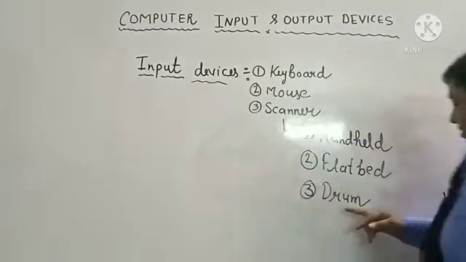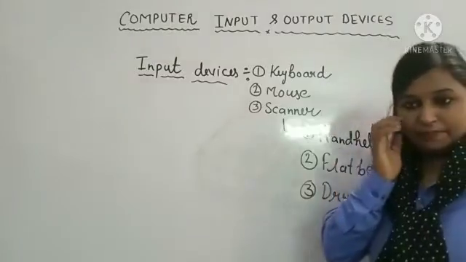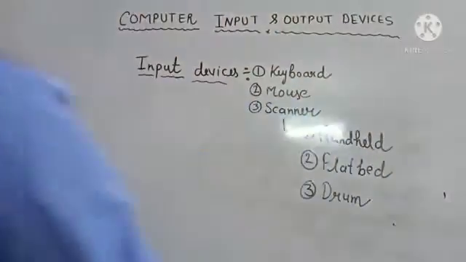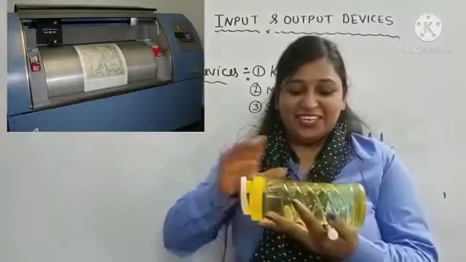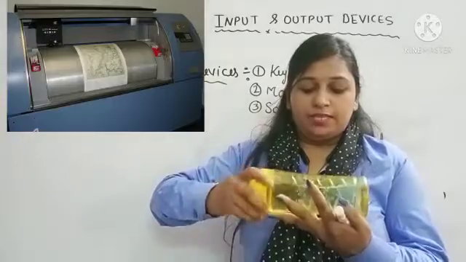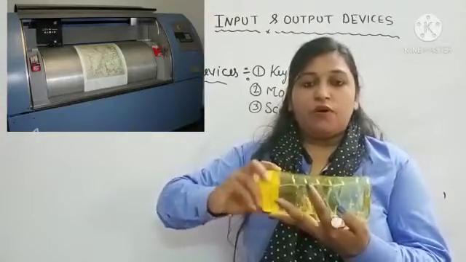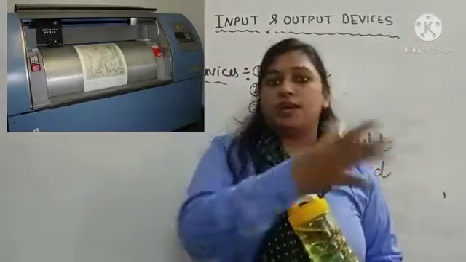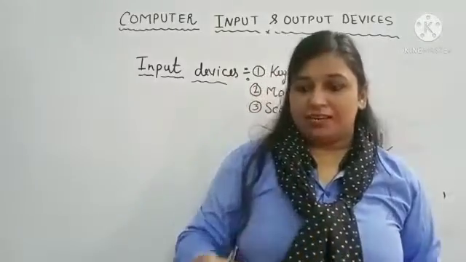And the third is the drum scanner. A drum is round in shape. This type of scanner basically rolls the paper to scan something, then scans the page and sends it to the computer. So this is the work of a drum scanner.